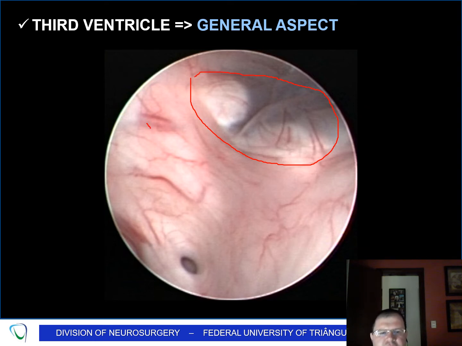We have a middle part, commonly, though not always, with the presence of the interthalamic adhesion. And the posterior part is the region of the entrance of the cerebral aqueduct, and laterally we have the posterior commissure.